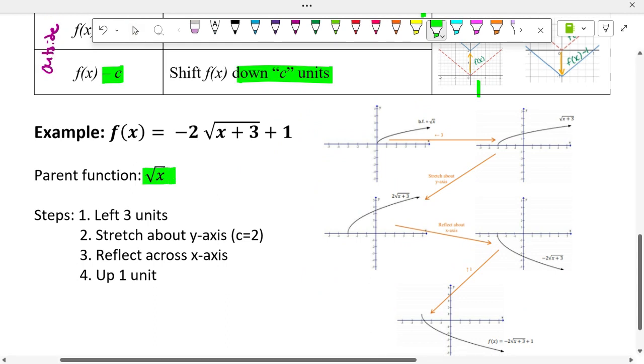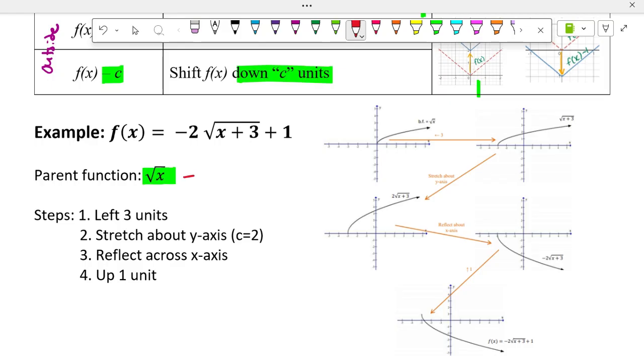What's the name of that function? Radical, square root, whatever. I would say square root just because radical can mean anything from square root, cube root, fourth root. But if this is not a test, I'll take radical. So it's a square root function.